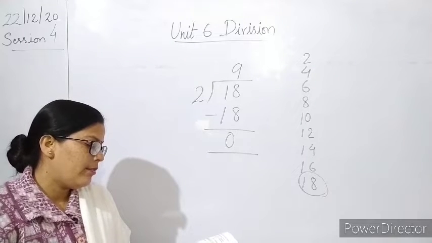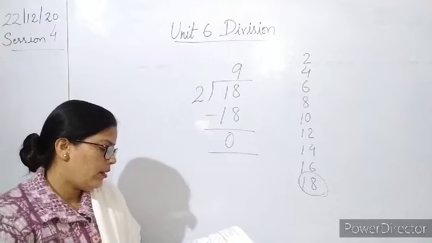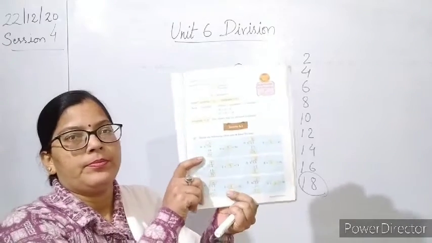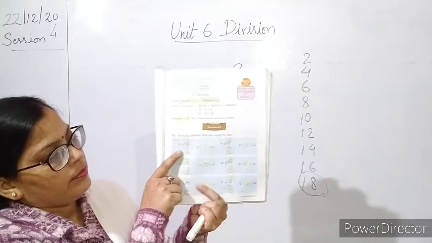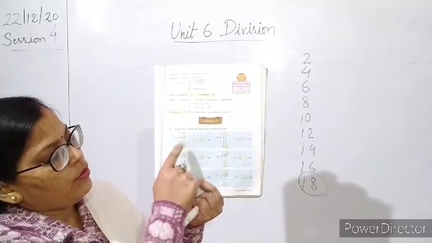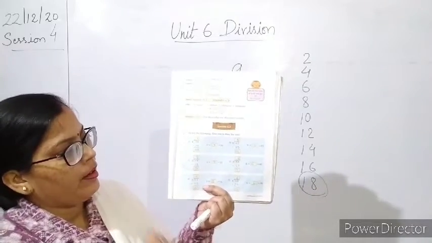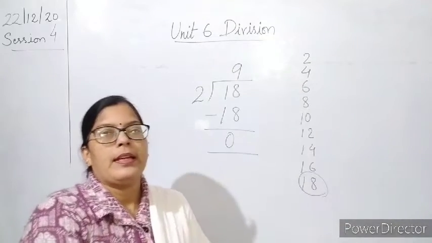The question is, divide the following. Everything is given in the book. All you have to do is write in the space given here in the yellow colored box.